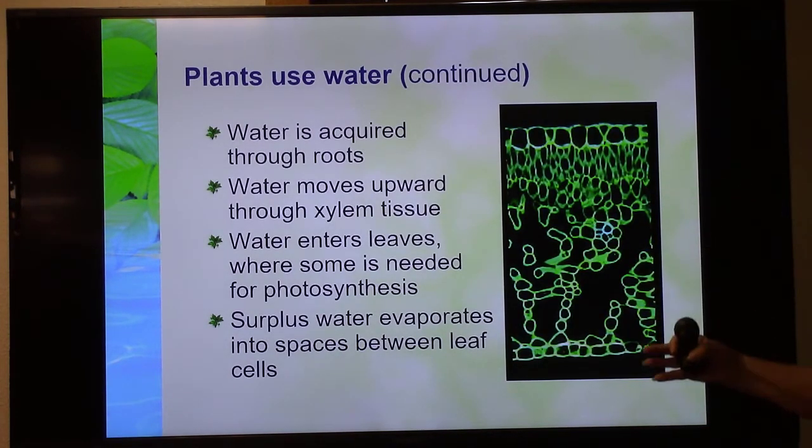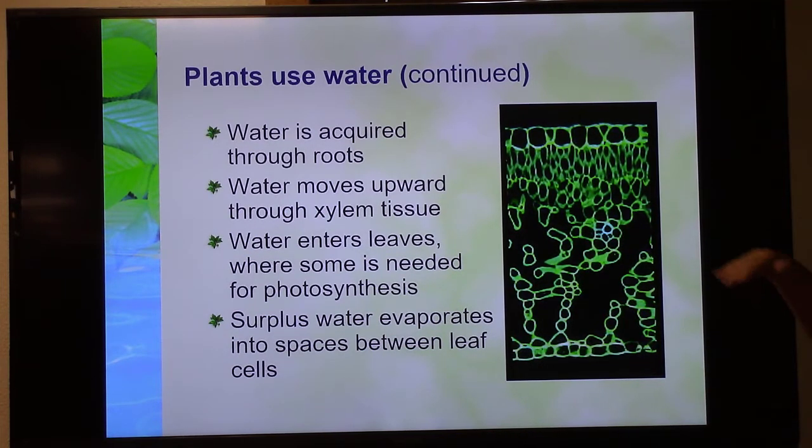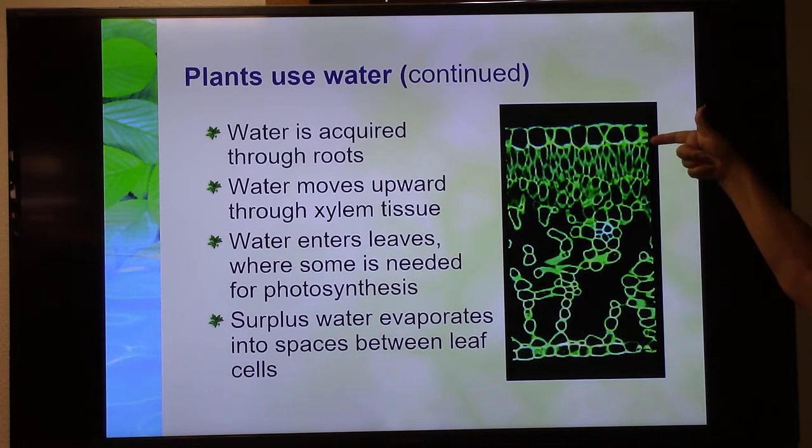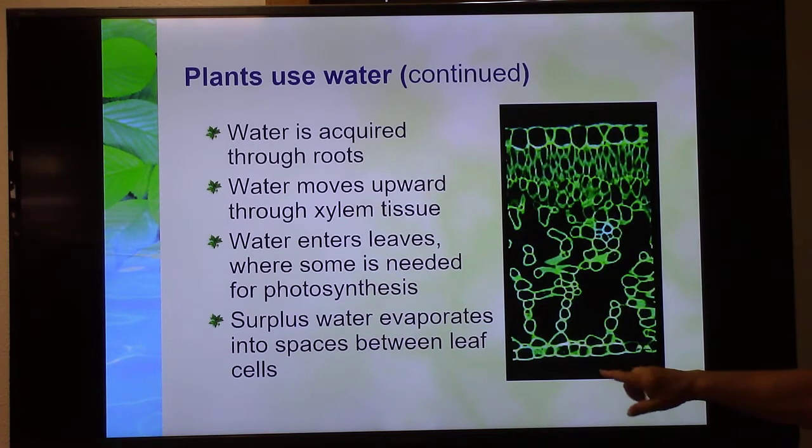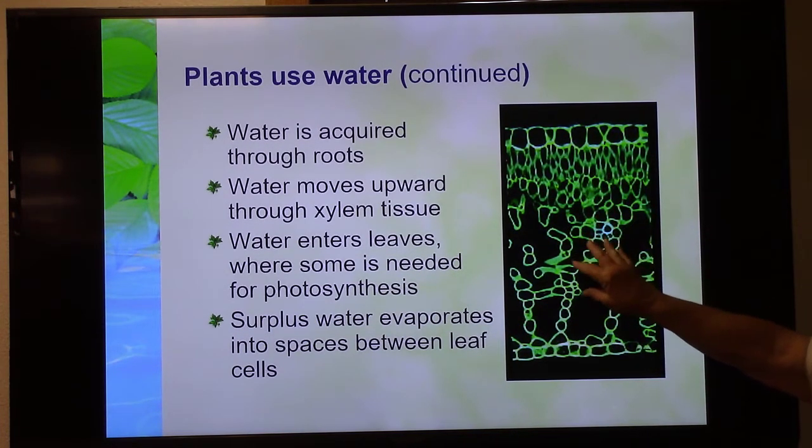That is a cross section through a leaf. Just think of you've got a shrub or one of these, and you've sliced that leaf from top to bottom, and you're looking at the edge of it. There's the upper surface of the leaf, and there's the bottom surface of the leaf, and those are all the cells.